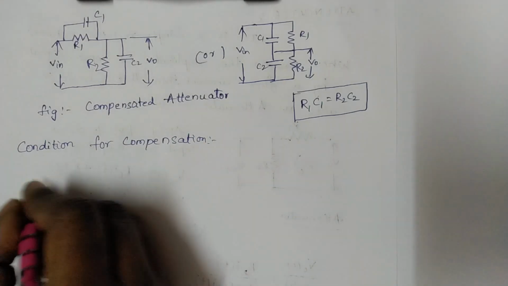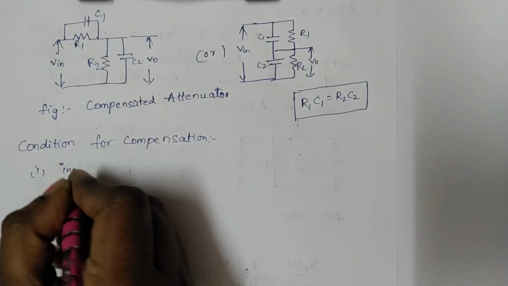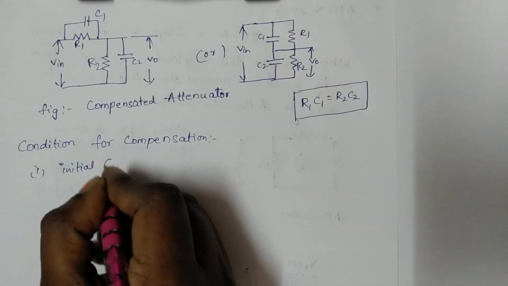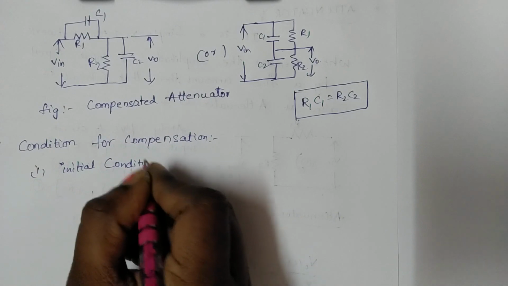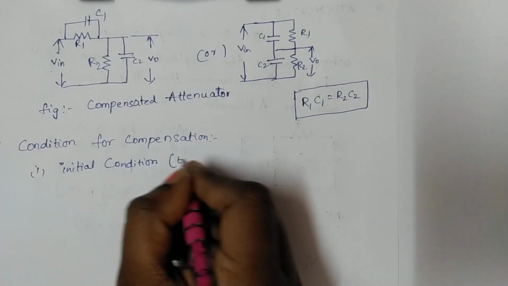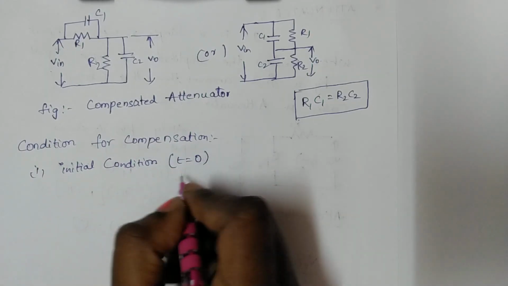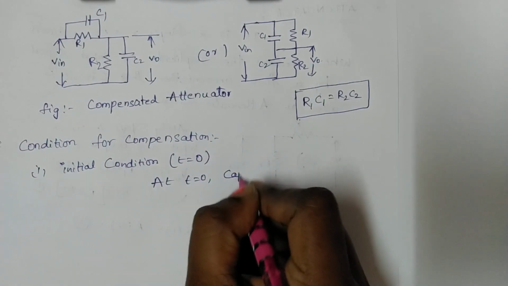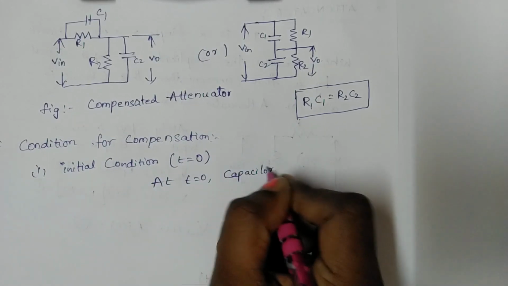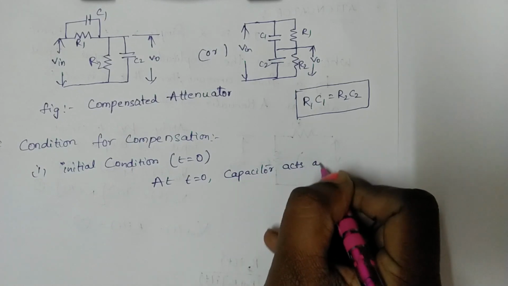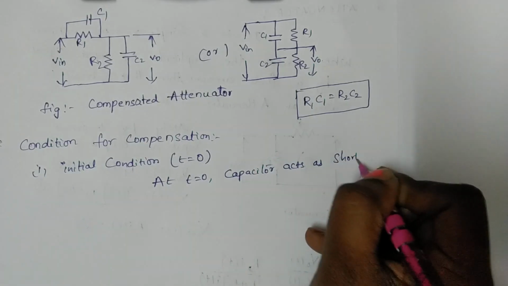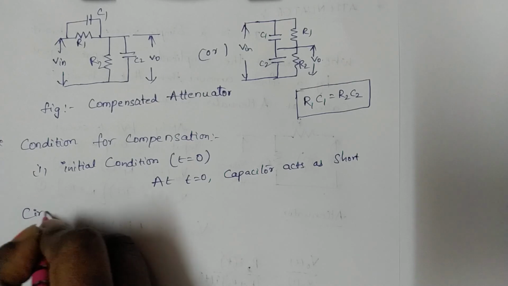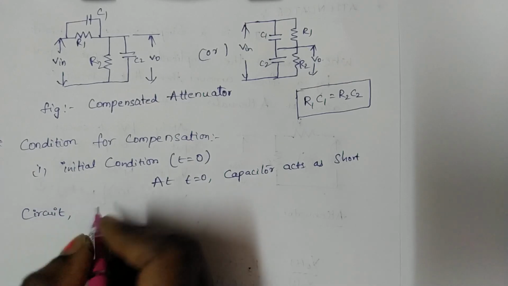See here, first of all, we have to find the initial condition. At t equal to 0, the capacitor acts as a short circuit.